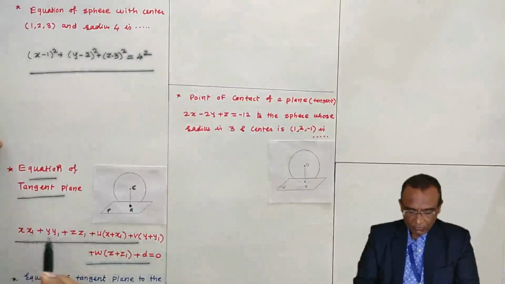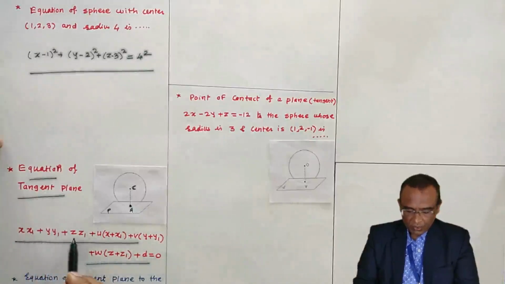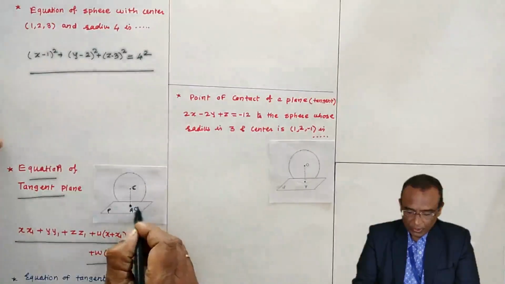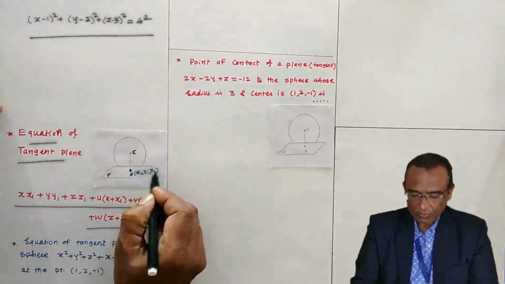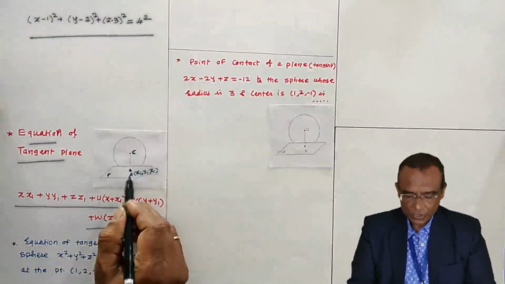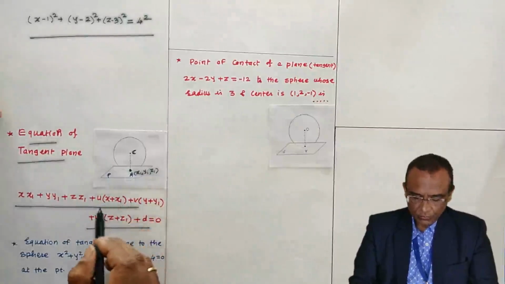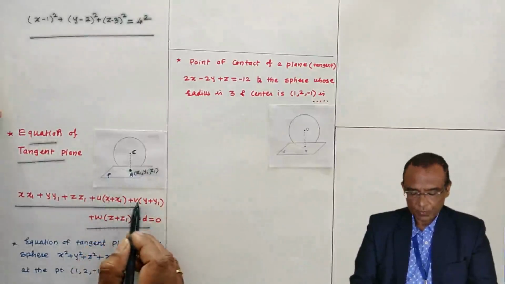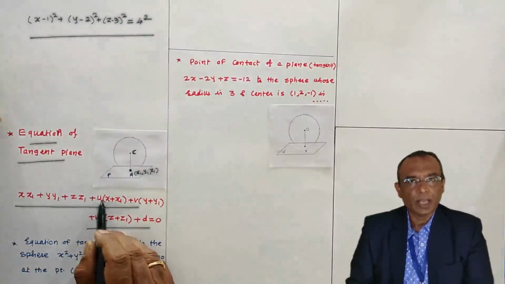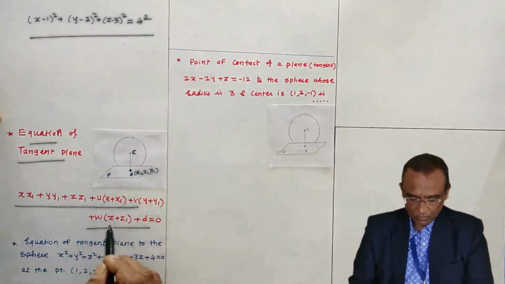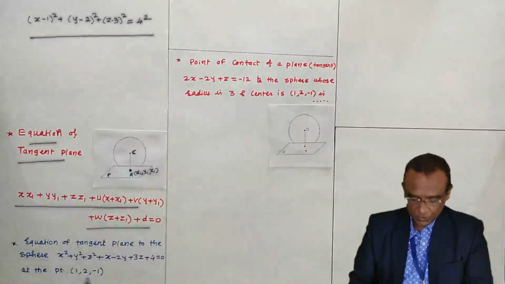And what are x1, y1, z1? They are the point of contact. x1, y1, z1 are the coordinates of the point A, and u, v, w are the coefficients of x, y and z in the equation of the sphere.